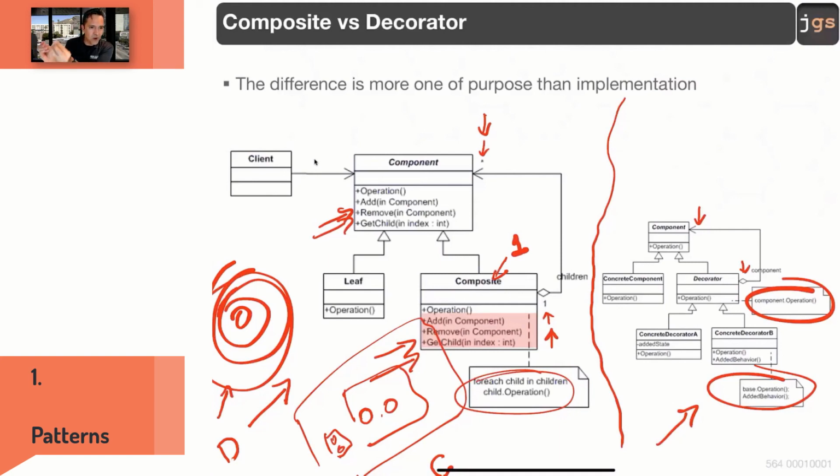Depending on what you want, one variable or the data structure, now you can use the correct name. Decorator, if you want one variable here. If you have a data structure here, it is composite. Other than that, the same structure.